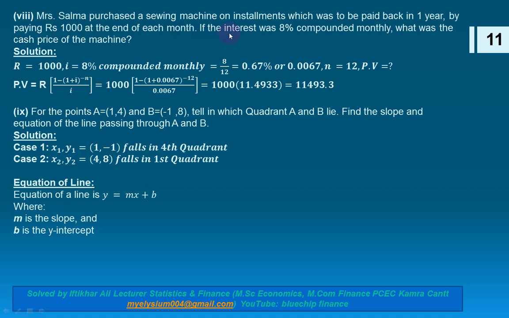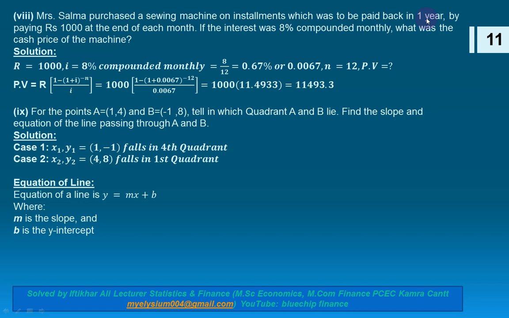So if the interest was 8% compounded monthly, what was the cash price of the machine? So once again, I read this question to take the data. Mr. Salma purchased a sewing machine on installments which was to be paid back in 1 year.